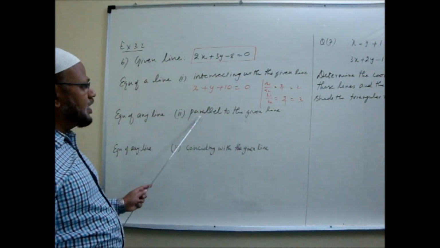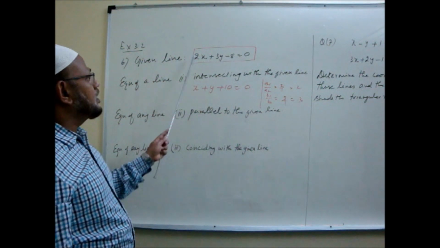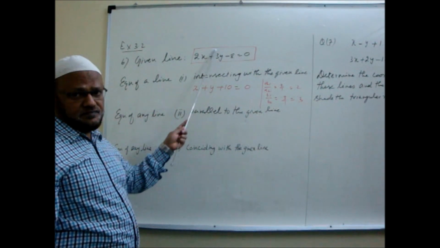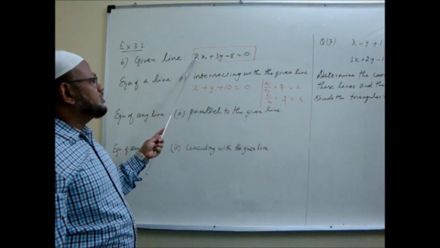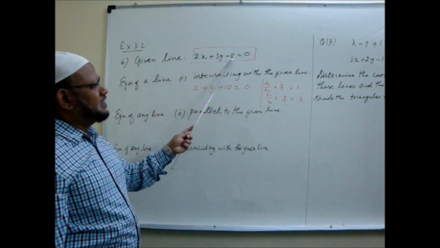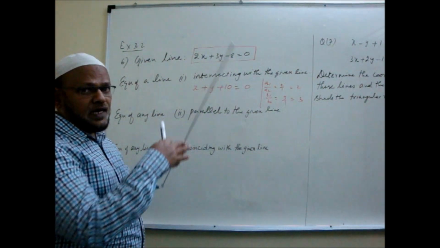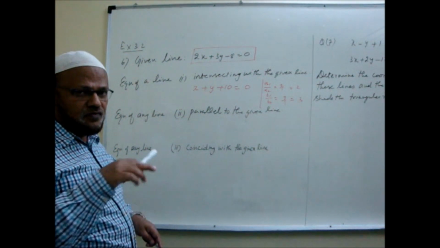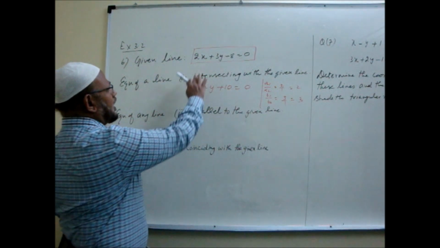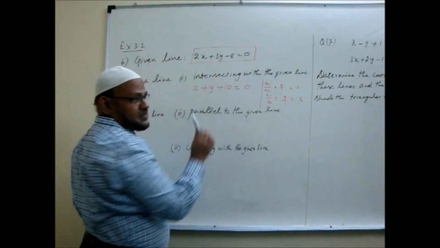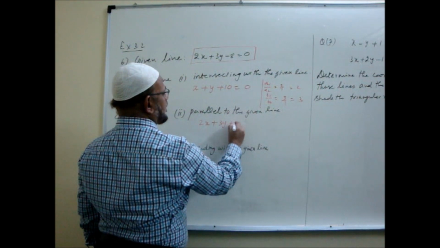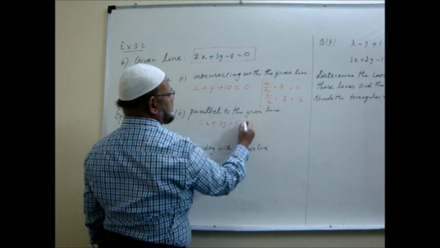Second one, a line parallel to the given line. Any line parallel to this given line: just change the constant term. Or you multiply these two terms by any number, say by 2. You multiply by 2, you multiply by 2, leave the constant like that. This you don't multiply. So a1 by a2 and b1 by b2 will become equal, and not equal to c1 by c2. What I am going to do, I will write the same equation, just changing the constant term. I write here 2x plus 3y plus 5, some other number instead of this, equal to 0.